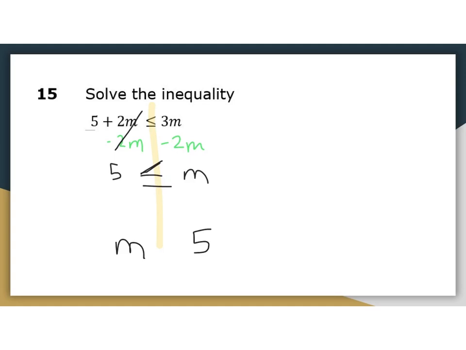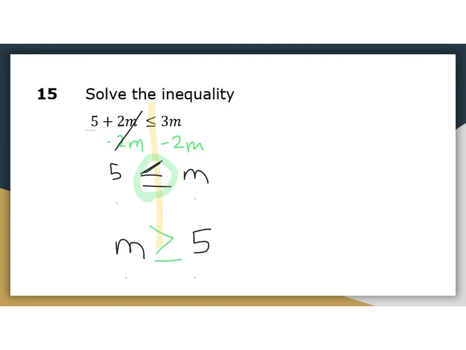So then that begs the question, is this going to change as well? And the answer is yes. If you flip what was in front and after around, then you've got to flip the symbol around as well.